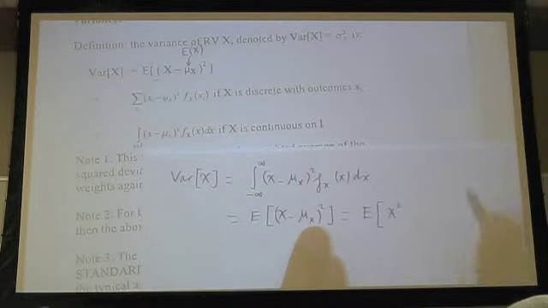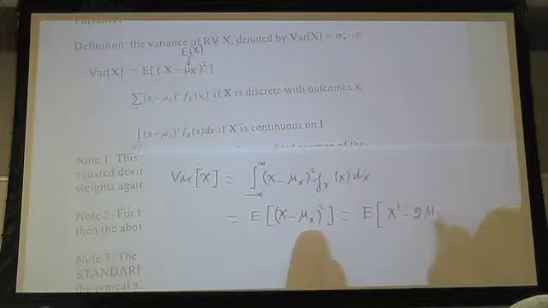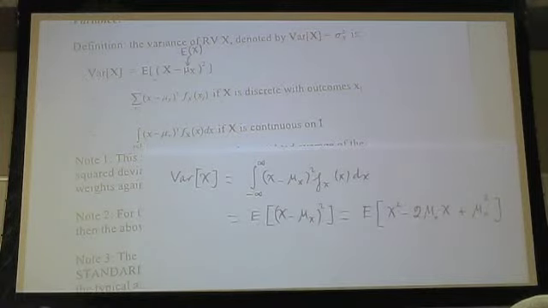This is x squared, correct? Minus 2 mu times x, where mu sub x is right here. And then what else? Plus mu sub x squared. Agreed? Right?